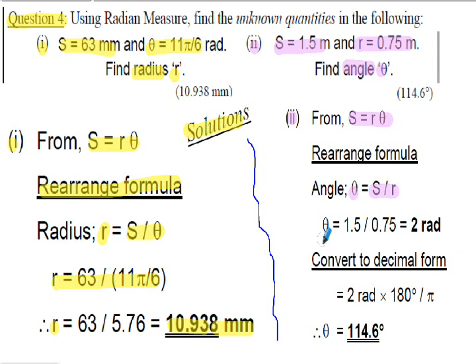Inserting the values for S and r, theta is 1.5 divided by 0.75, so that's 2 radians. But notice in the answer given, they want the final answer in terms of degrees. So using our conversion, 2 radians multiplied by 180 degrees divided by pi, produces the final answer for theta of 114.6 degrees. I would suggest you stop the presentation and just think through those solutions carefully for yourself.